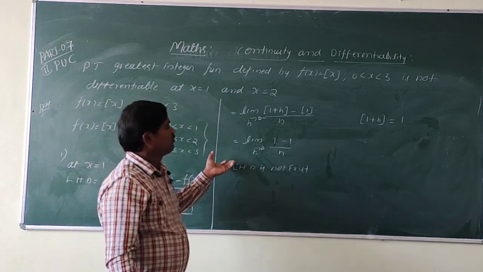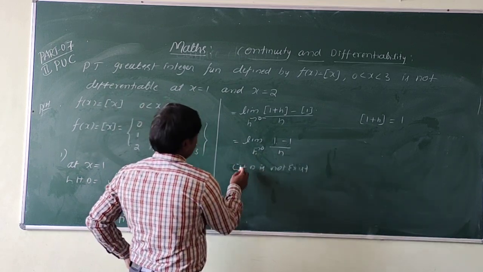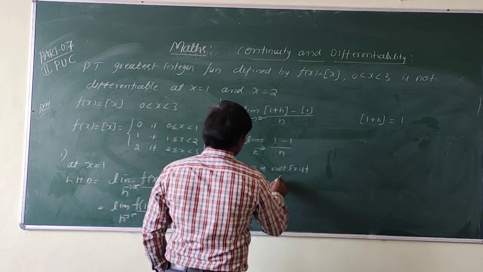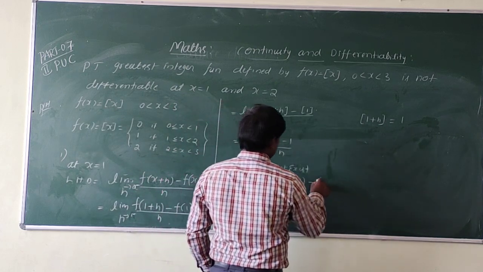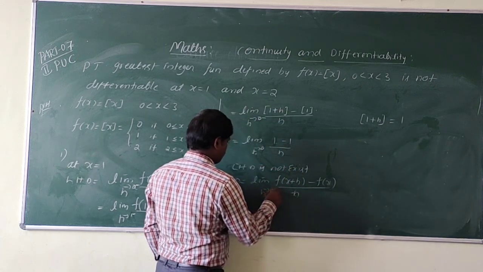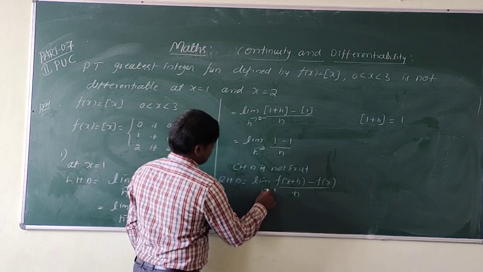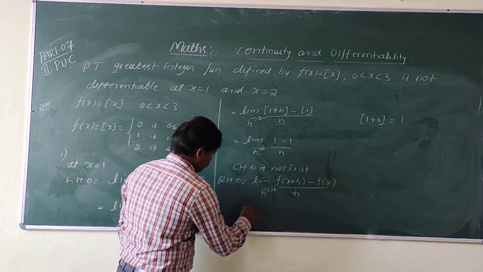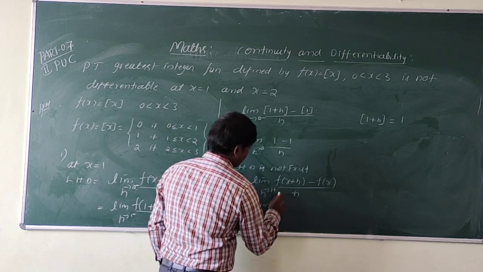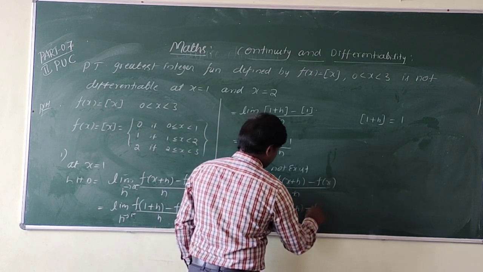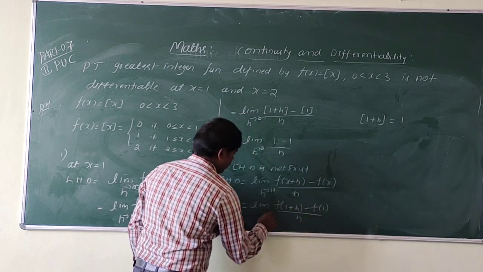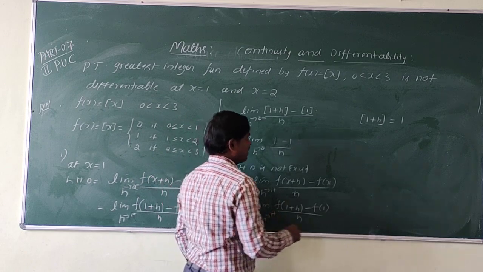But we are going to verify the right hand derivative also. So the right hand derivative is equal to the limit of f of x plus h minus f of x divided by h as h tends to 0 plus. Here it is 1 plus. So it is the limit of f of 1 plus h minus f of 1 divided by h as h tends to 0 plus.